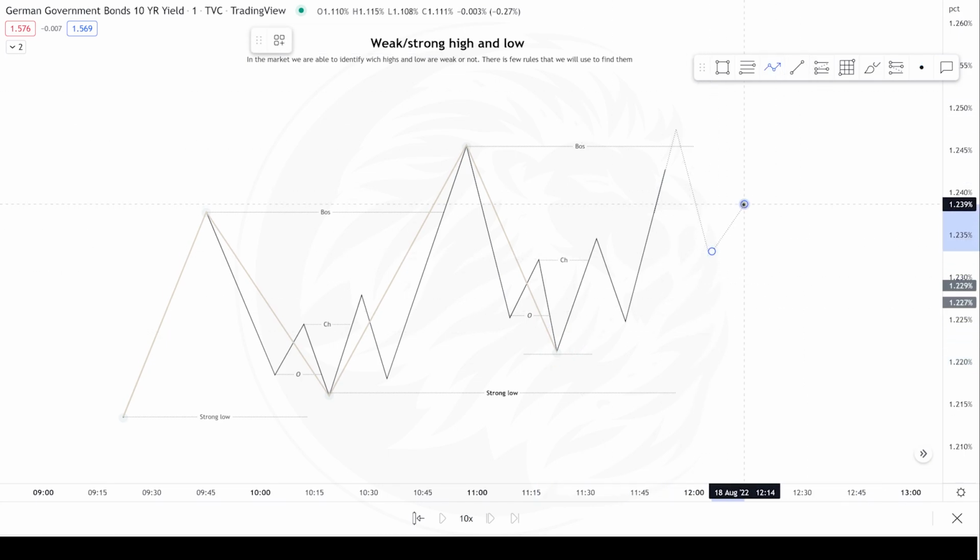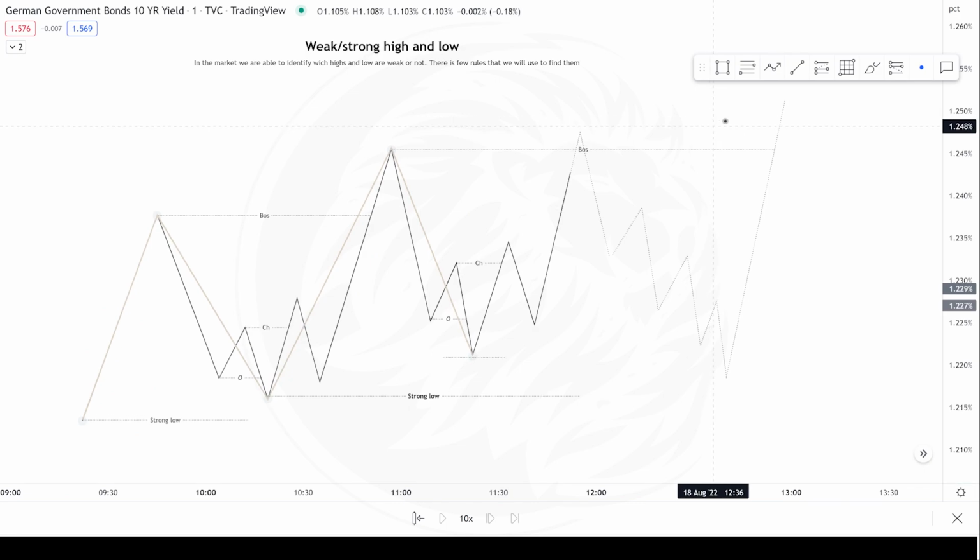So price can make something like that, react from here possibly, react from here possibly, or react from just below, and after make a big push that will break the structure with a candle close. And this big push will show us where the new strong low is in the market.